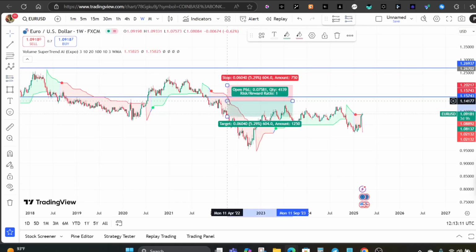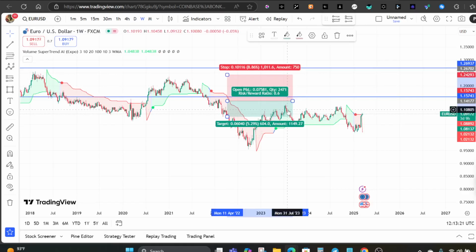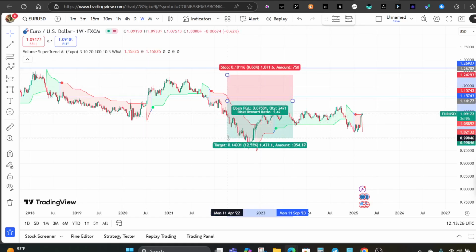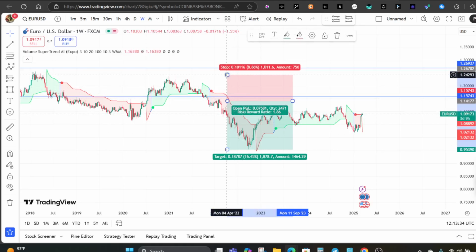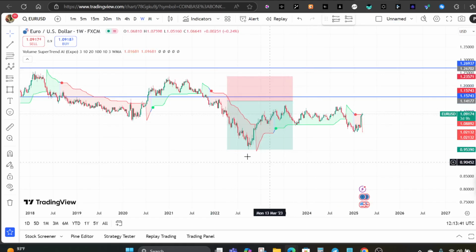Your stop loss can be above the previous swing high, and then your take profit can be at support levels, aiming for a risk to reward of 1 to 2. Here we're having about 1.8. Let's see. Yeah, we're still having somewhere around 1 to 2.